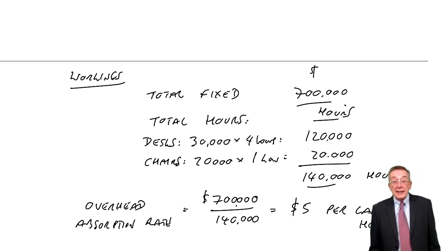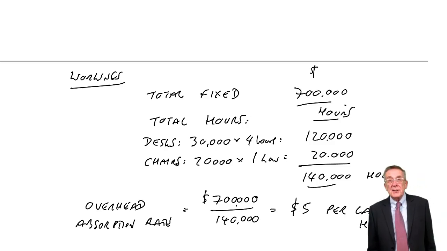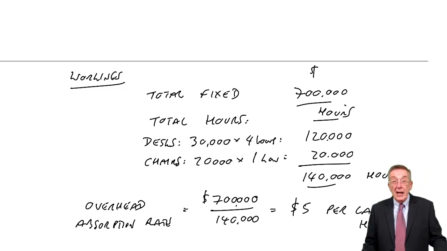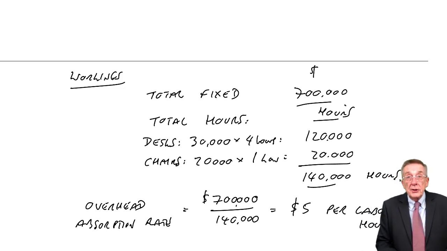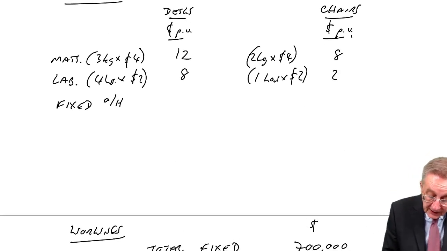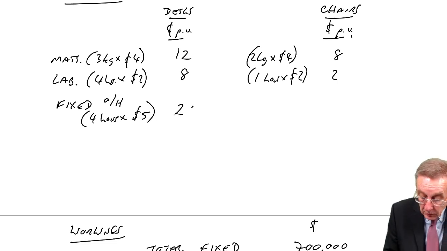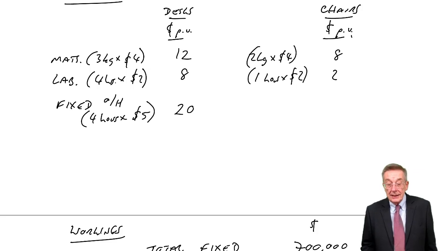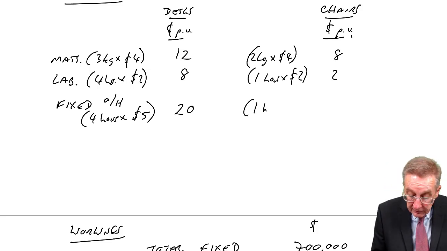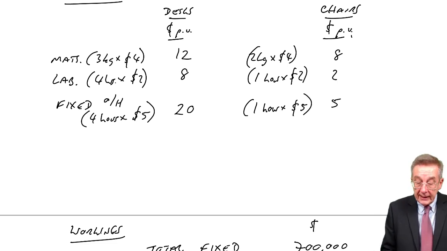And having done those workings, now we can go back to our costings and bring in the overheads, but we will charge them at $5 an hour. So desks, each desk, remember, took 4 hours to produce, and so at $5 an hour, we'll charge overheads of 20. Each chair took 1 hour of labour, and at $5 an hour, we'll charge 5.